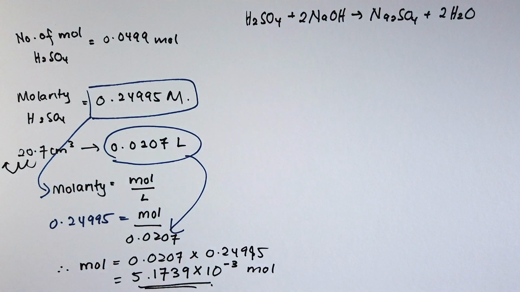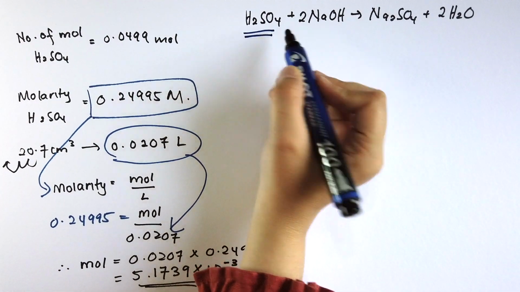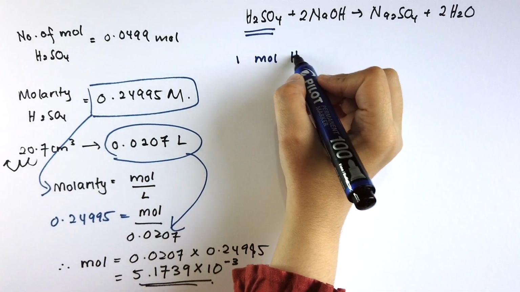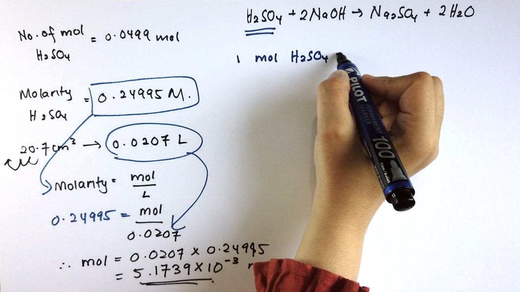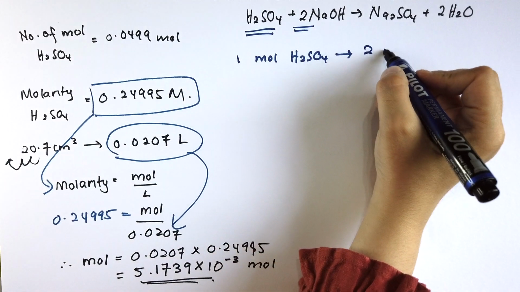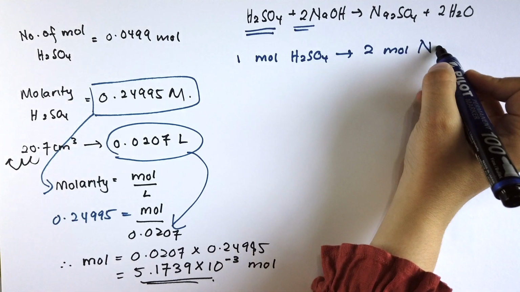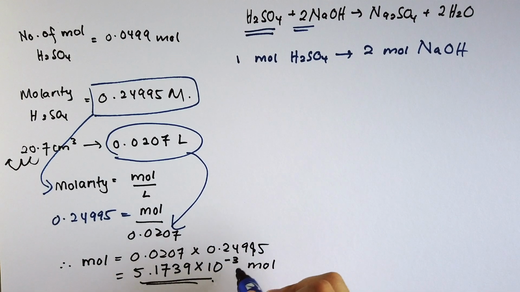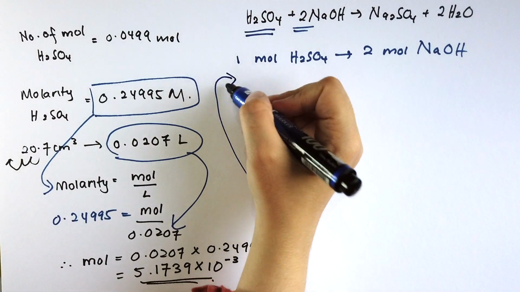Alright, so from here, you can see, for each 1 mole of H2SO4, you will need 2 mole of NaOH, right?